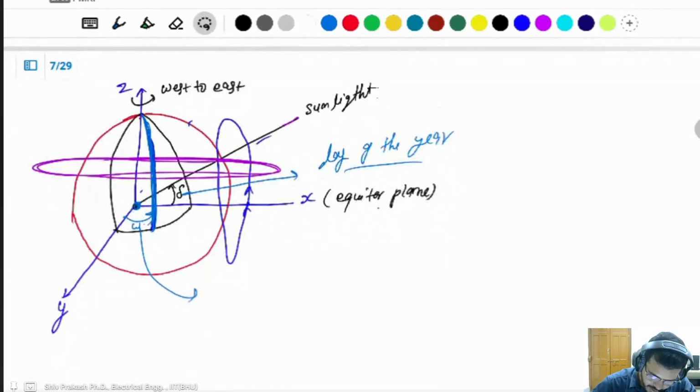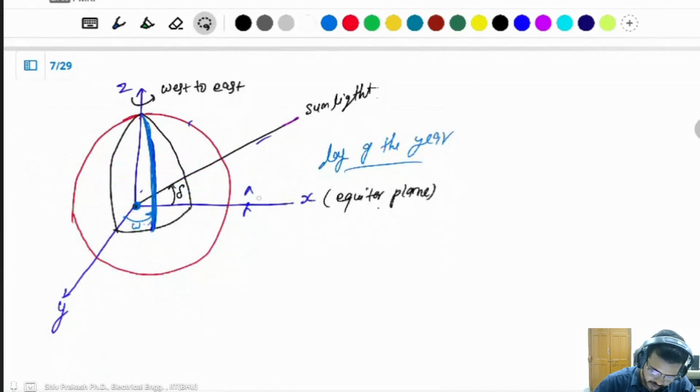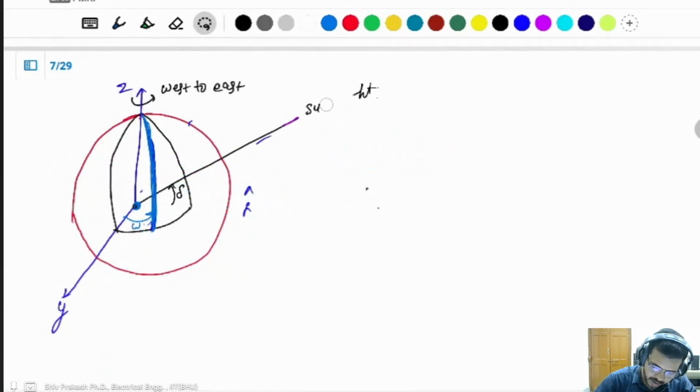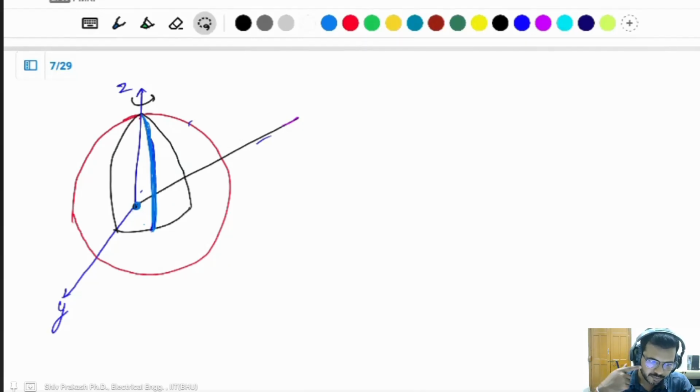Suppose everything is centered at the center of the earth, and suppose this is the insolation, then what is the actual or effective insolation?